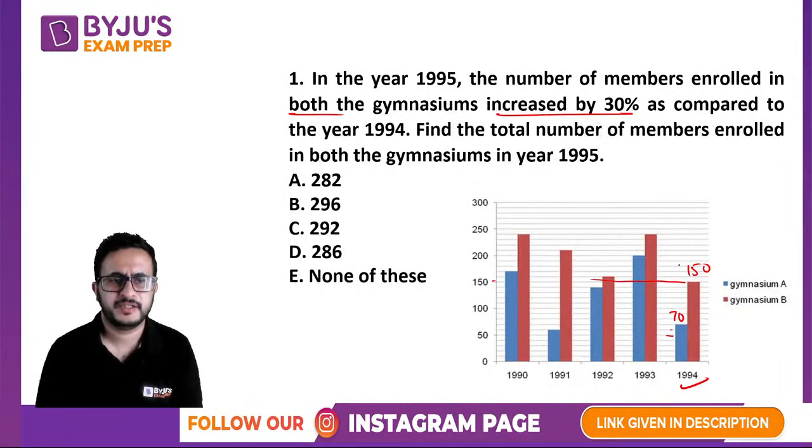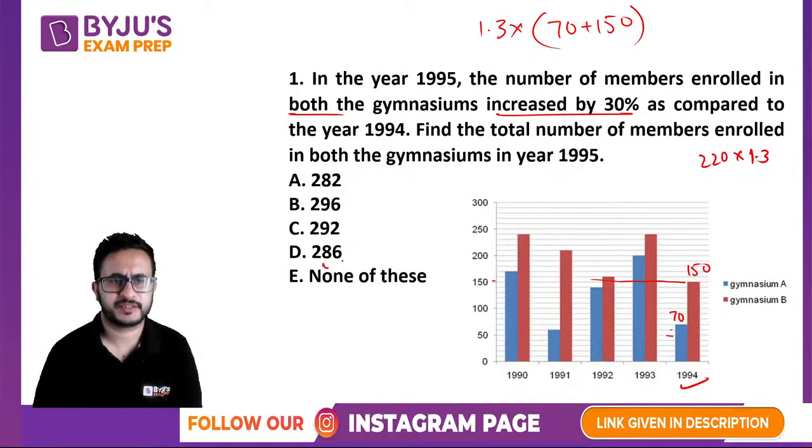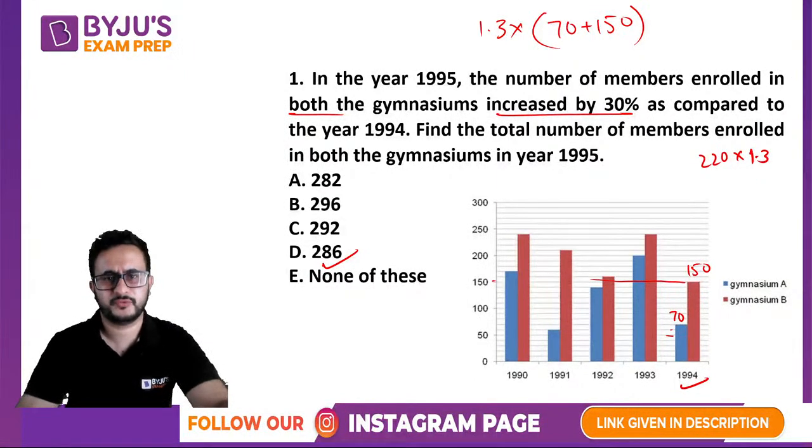So we don't need to find separate values, just add them. That is 70 plus 150, increase of 30%, so 1.3 times of this. So 220 into 1.3 is 286. Okay, so that will be the number of people enrolled in 1995.